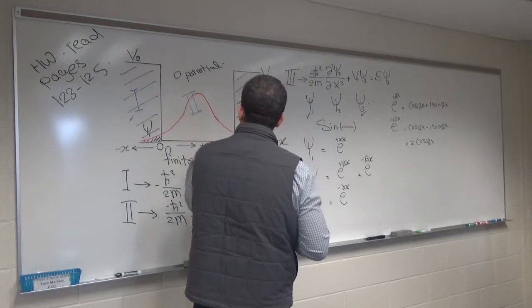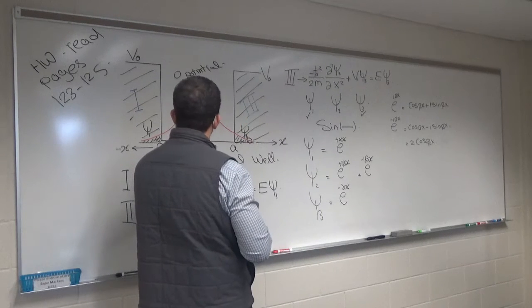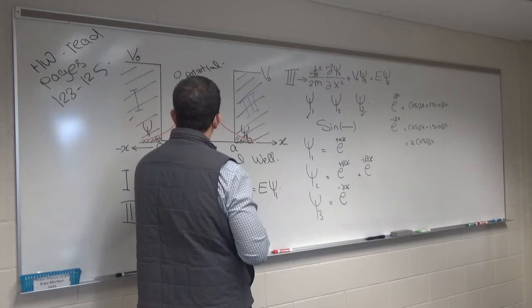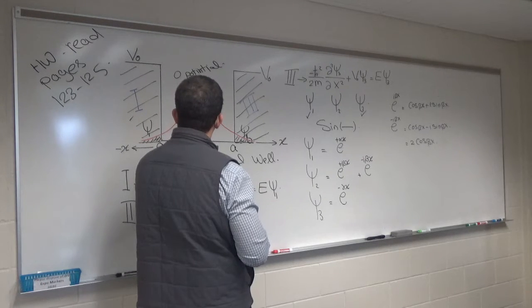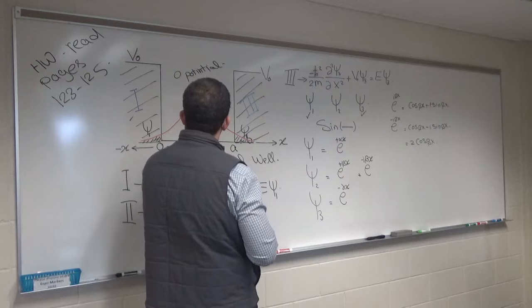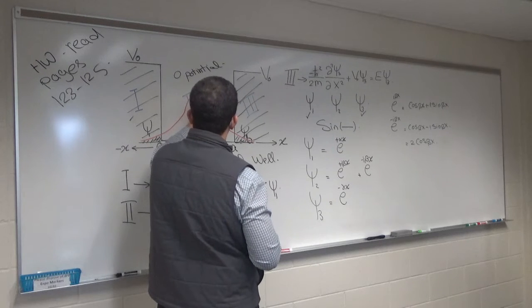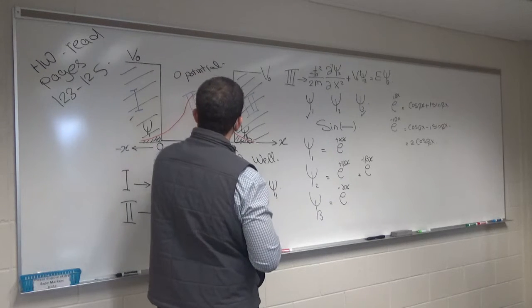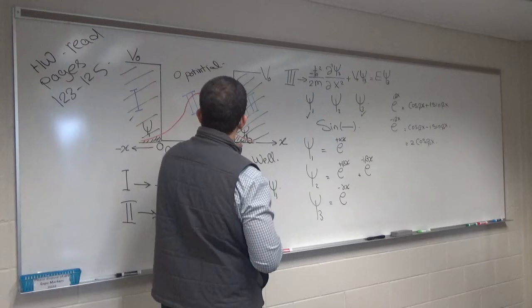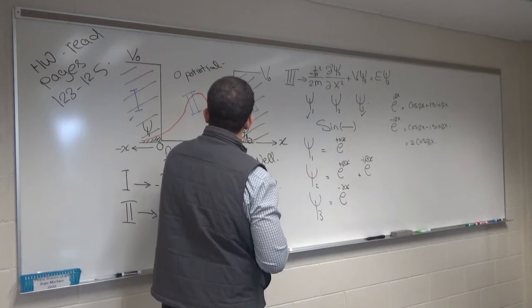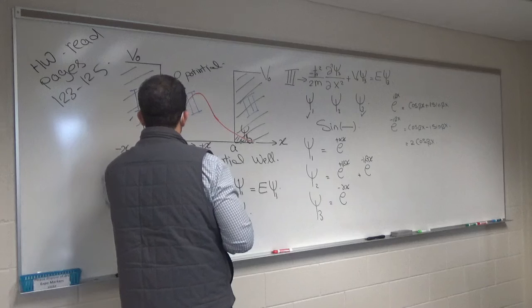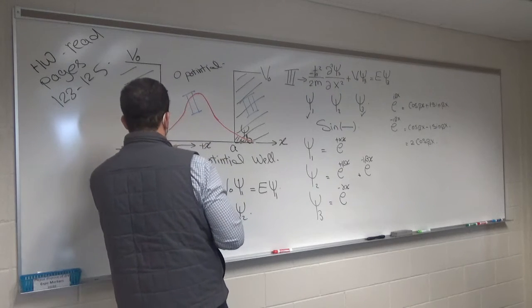If we consider the 0 at the middle, so that will give me the highest amplitude for the cosine, and if we go to this side, the cosine will go down to 0, and if we go to this side, the cosine will go to 0.